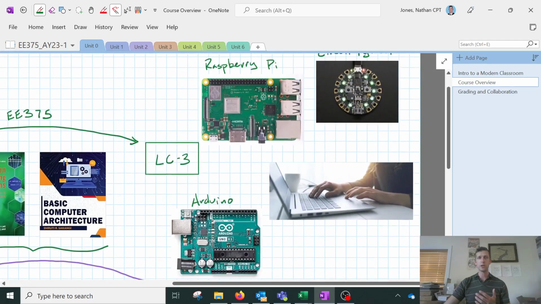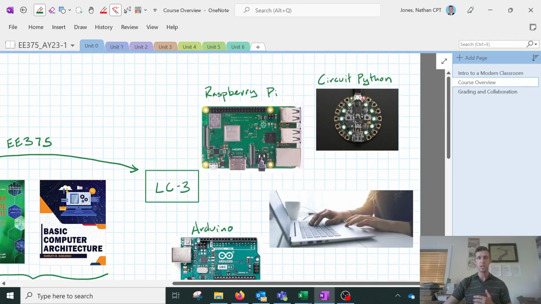In so doing, you'll get an understanding of what differentiates these computers, and that gets at that last course objective that I was talking about. That'll give you a grasp of what these devices are capable of, and which one maybe you should reach for when you're putting together a capstone project or a little hobby project later on in your West Point careers or just in your adult lives.